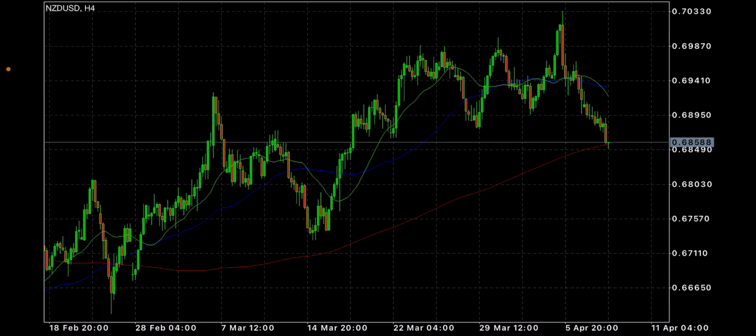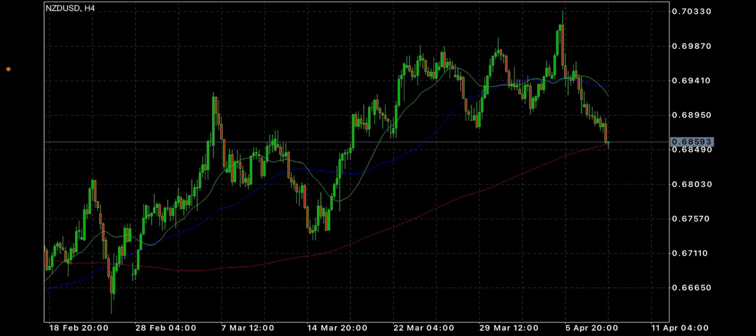First, starting with the Kiwi, known as the NZD. Since the beginning of the year, it has been one of our stronger currencies, but it has started to become much weaker. This is due to an economic shift in its overall economy.